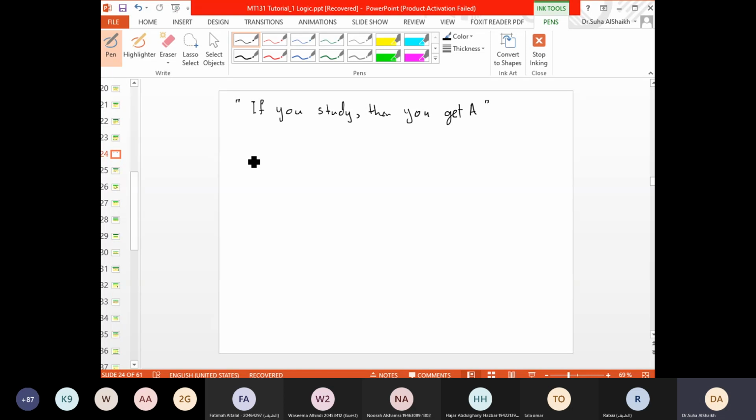So it's very important to know which one is P, which one is Q. So الحين this one can be written like this. I can write it like if you study, comma, you get A. من غير ما أحط then. You can understand it. ولا مرة واضحة. طيب, I can write it like this as well.